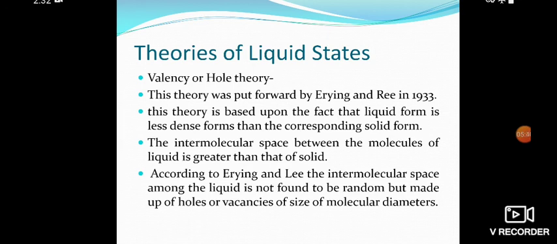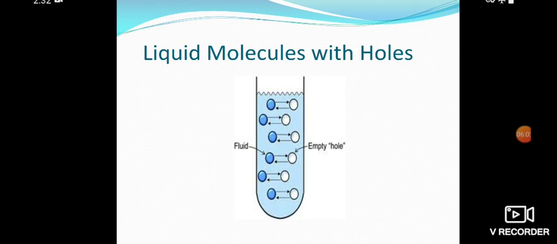According to Eyring and Ree, the intermolecular space in the liquid is not random but made up of holes or vacancies of the size of the molecular diameter. This is the diagram which explains liquid molecules with holes.